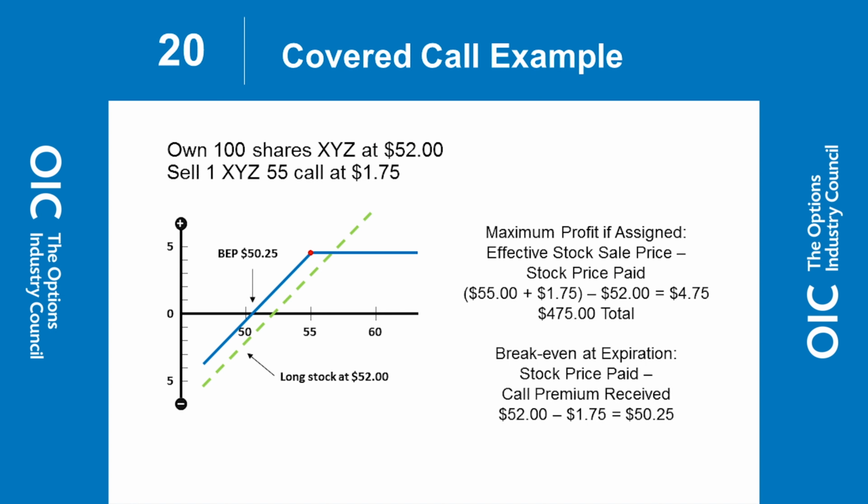Again, it's going to be this formula: our effective stock sale price, which is the $55 strike plus the premium that we received when we sold the option, minus the $52 where we're long the stock. That's going to give us that maximum profit of $4.75. We cannot make more than that. Our loss is fairly unlimited here. As the stock goes down, we're going to lose money, but it will be, like I said, tempered somewhat by the call that we sold at $1.75.